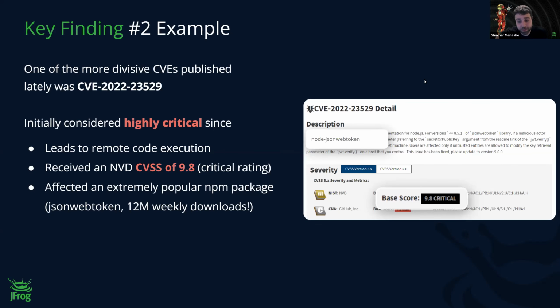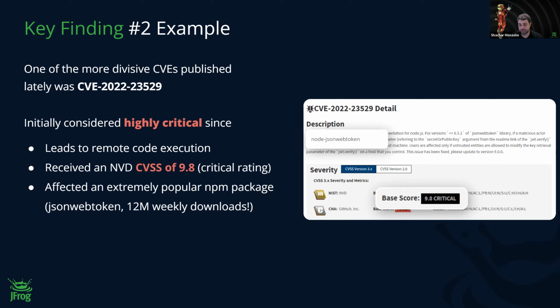A very recent example of the lack of research and just blindly giving a score, which most of you as security professionals are probably familiar with, was CVE-2022-23529. It's a CVE in a Node.js package, an NPM package called Node JSON Web Token.